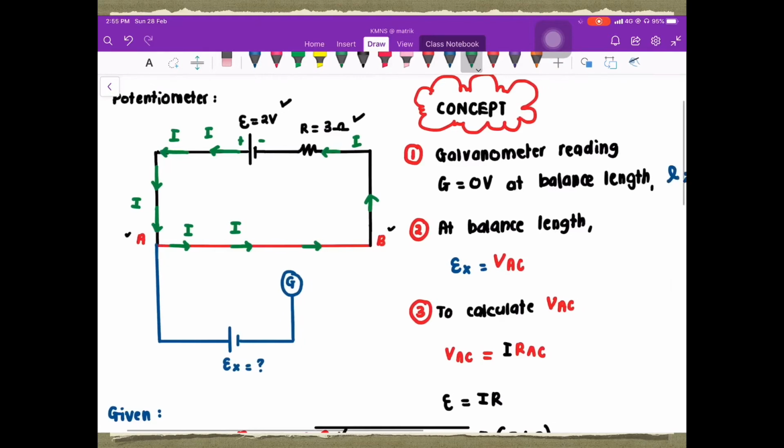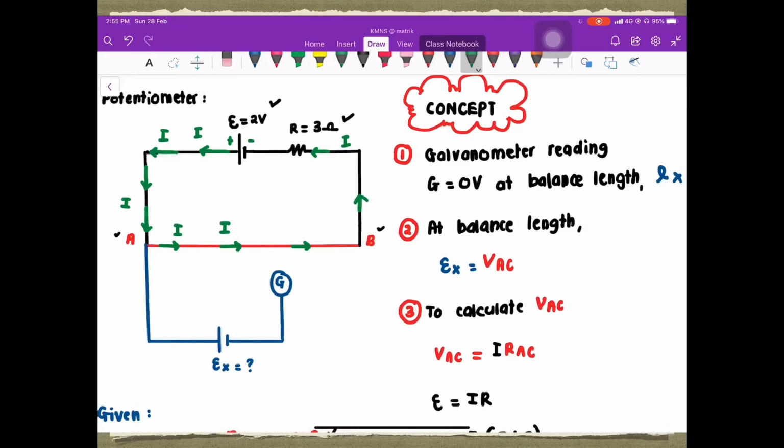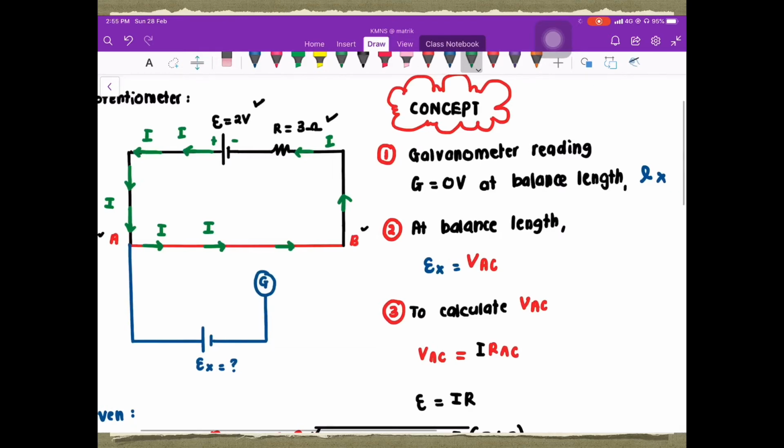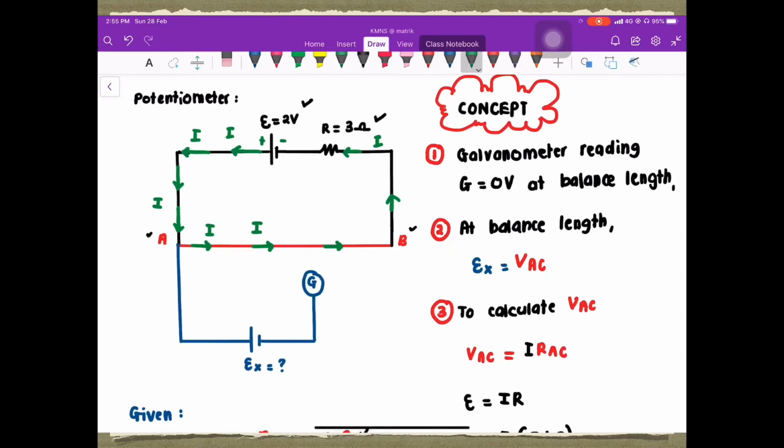Okay, for the first concept here, the galvanometer reads 0 volt at balance length. At the galvanometer, we connect one jockey and label it as point C. What happens when the jockey is at point C?